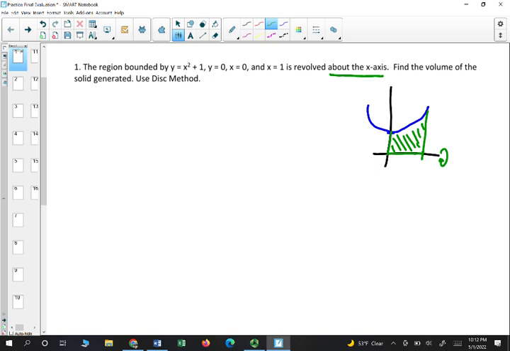Okay, so let's start off. We know we have our integral. It'll be from 0 to 1, pi times our function squared. Okay, so our function will be x squared plus 1.